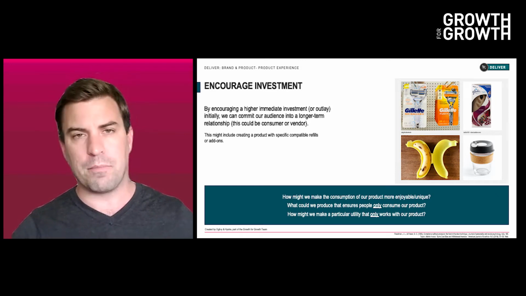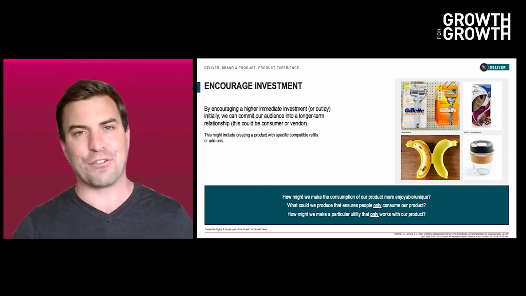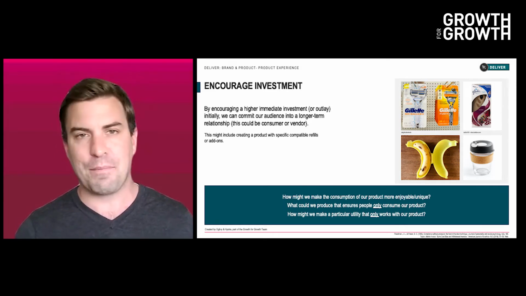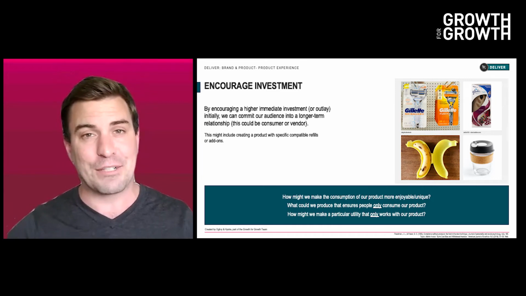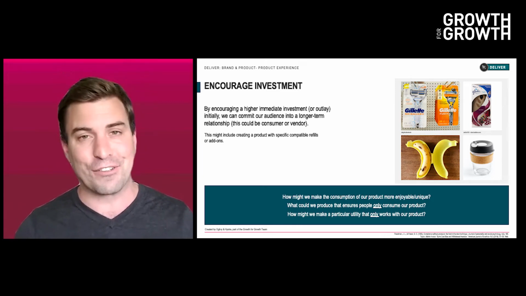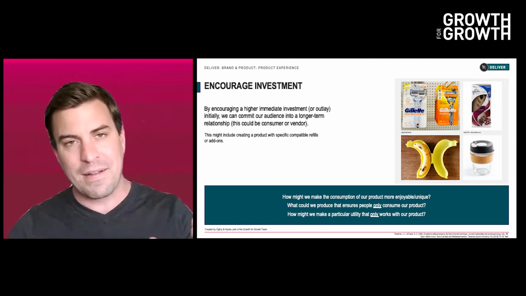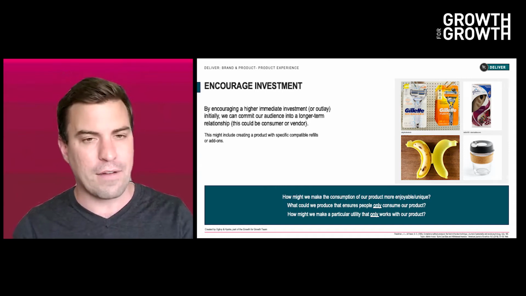We want people to buy in to a particular belief or a promise. We often say that one of the greatest strategies to help kitchen paper towel stay in business is just having kitchen paper towel holders, because you walk into someone's kitchen and they've got an empty kitchen paper towel holder, and that's not the signal you want to be thinking. So it's this infrastructure that goes around the product that makes the product more useful and frequent.